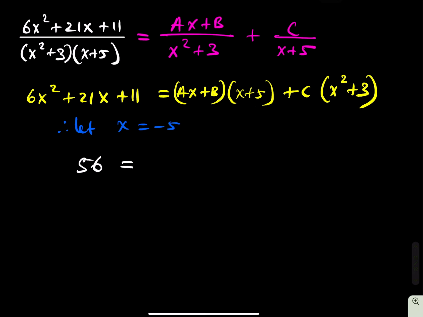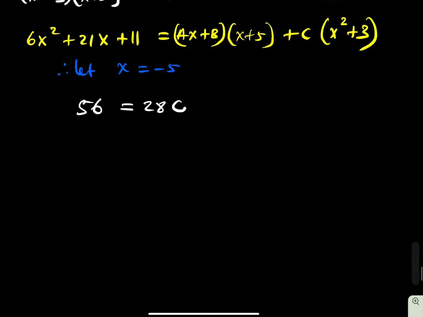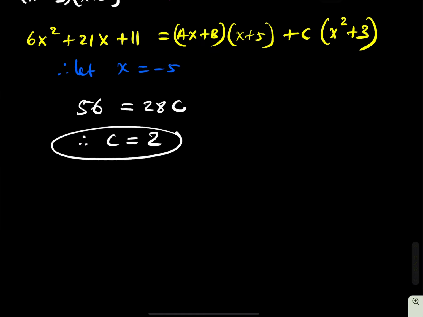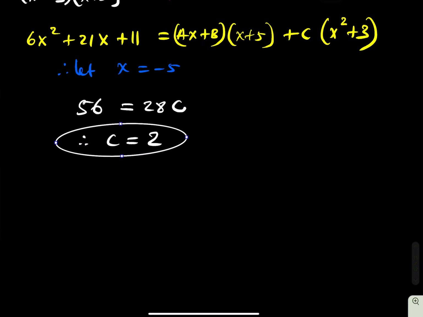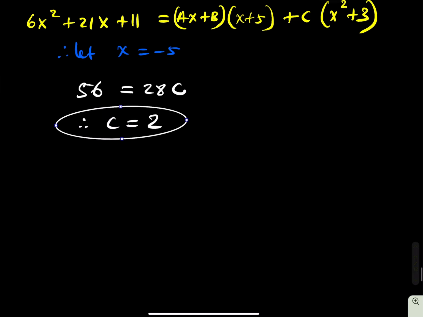So I'm going to have 25 minus 5 squared is 25 plus 3, so that is 28, right? That is 28c. So this means that my c is going to be positive 2 if I solve that nicely. That is the value of c.